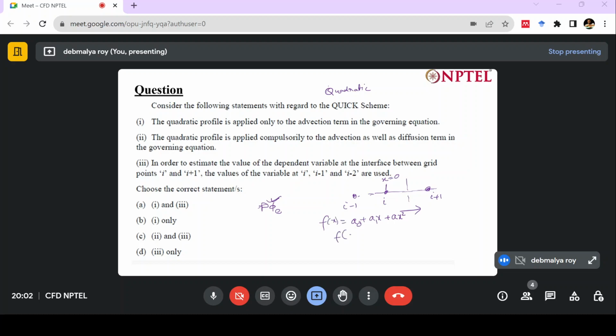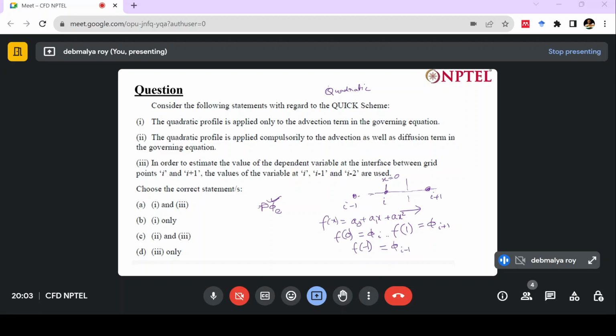So we have f0 equal to phi I, f1, which is at delta here, equal to phi I plus 1, and f minus 1, here it is minus delta, equal to phi I minus 1. If the grid distance is different, that also doesn't matter. We can put that distance in non-dimensional form.